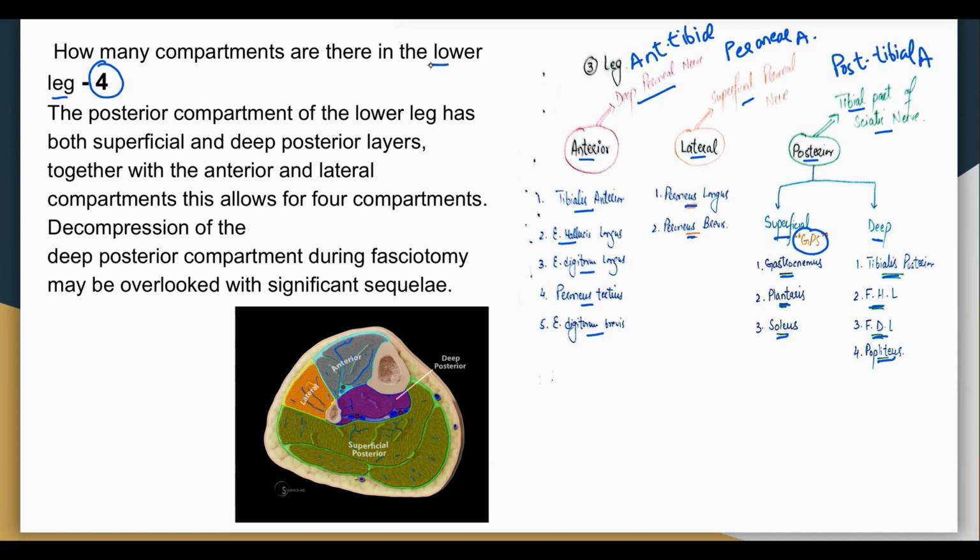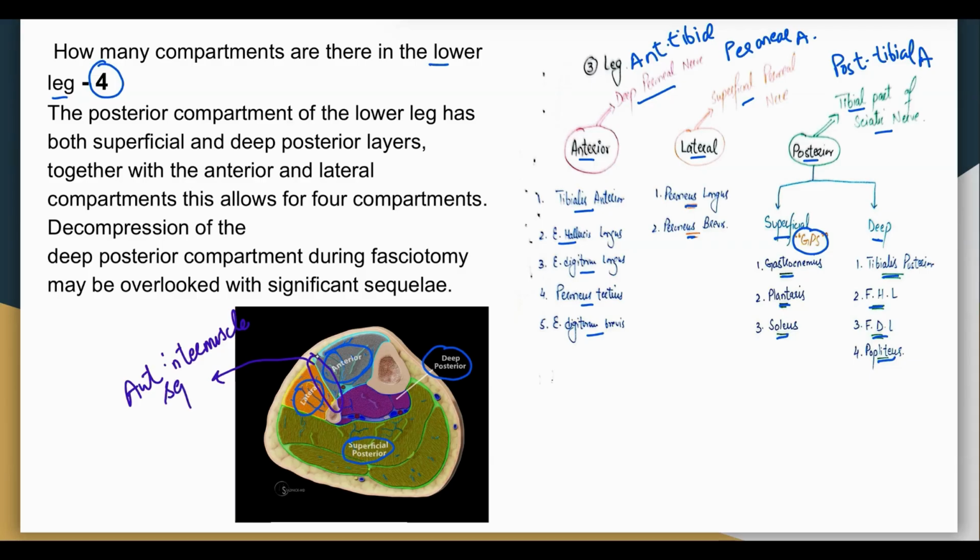So let us have a discussion about the cross-sectional view, which shows the septa that divide these compartments and separate them from one another. We have the anterior compartment, the lateral compartment, the deep posterior, and the superficial posterior compartment. This septum is the anterior intermuscular septum.